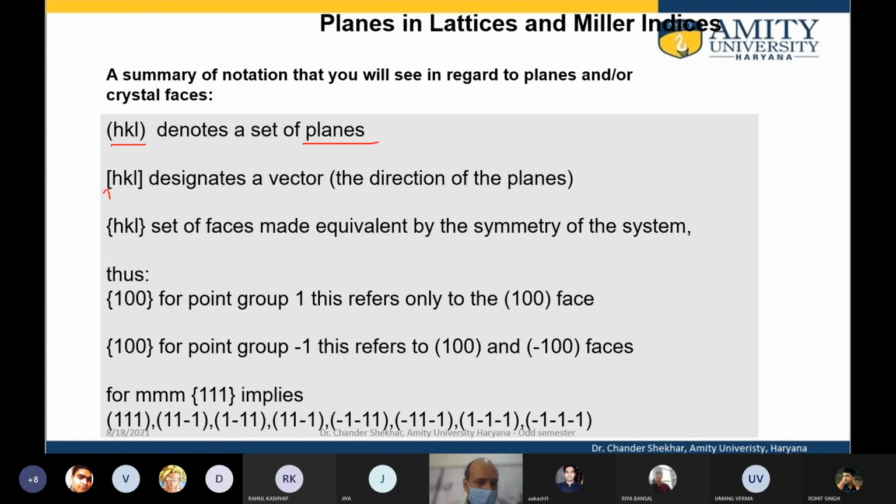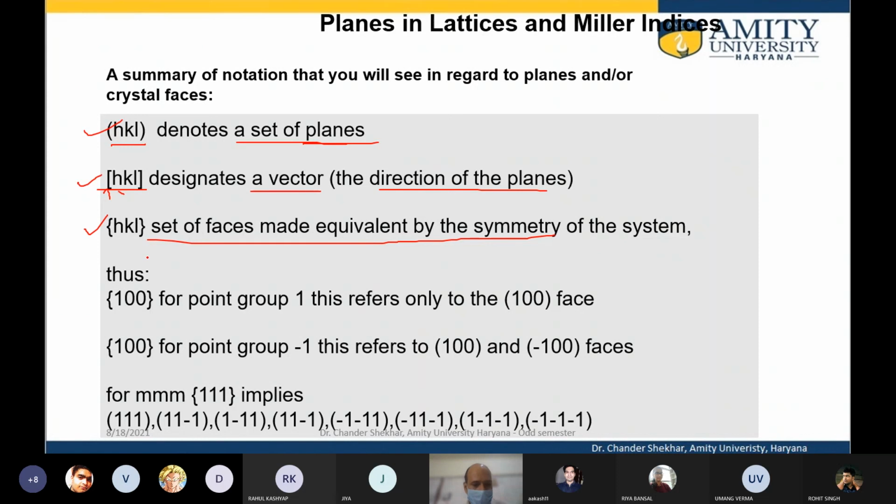If we have the square brackets, it designates a single vector. If we have the curly brackets with the HKL, then this is a set of faces. So this is the family of planes, a vector, and a plane.